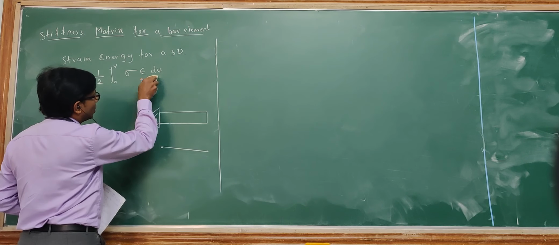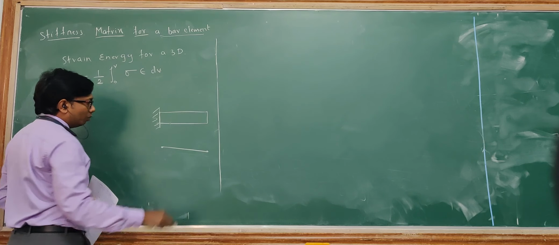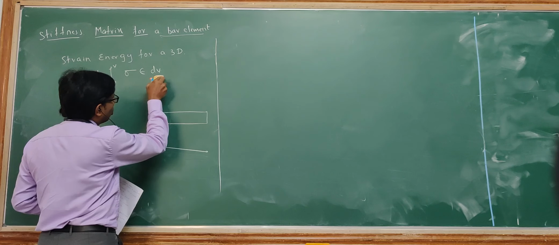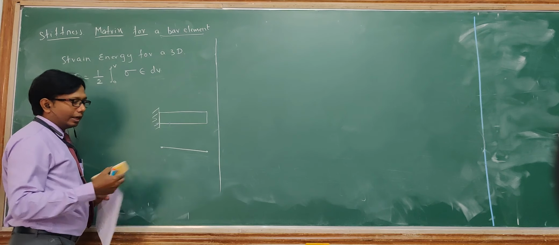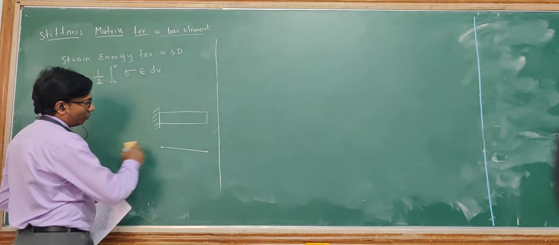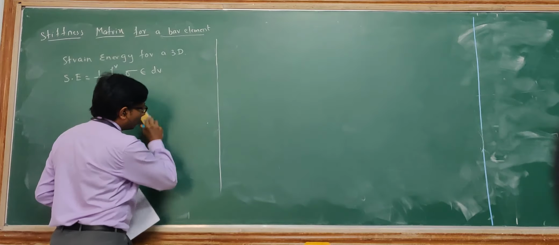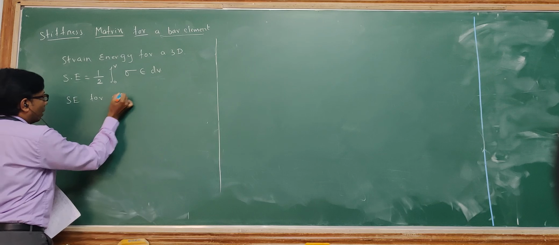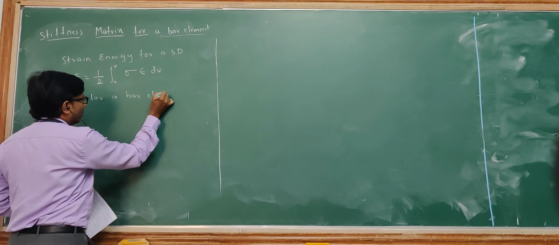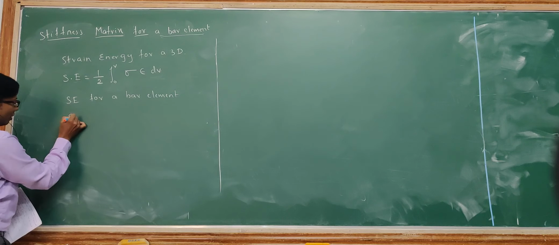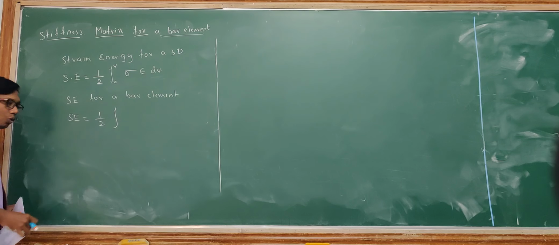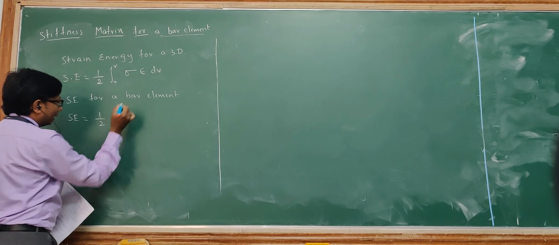So earlier it was a change in volume. Now there will not be a change in volume, there will be only a change in the length. So I will convert this volume into area, which is a constant, into the length, which is dx, which is changing along the x-axis. So I will modify this strain energy for a bar element as 0 to LE, the length of the element.